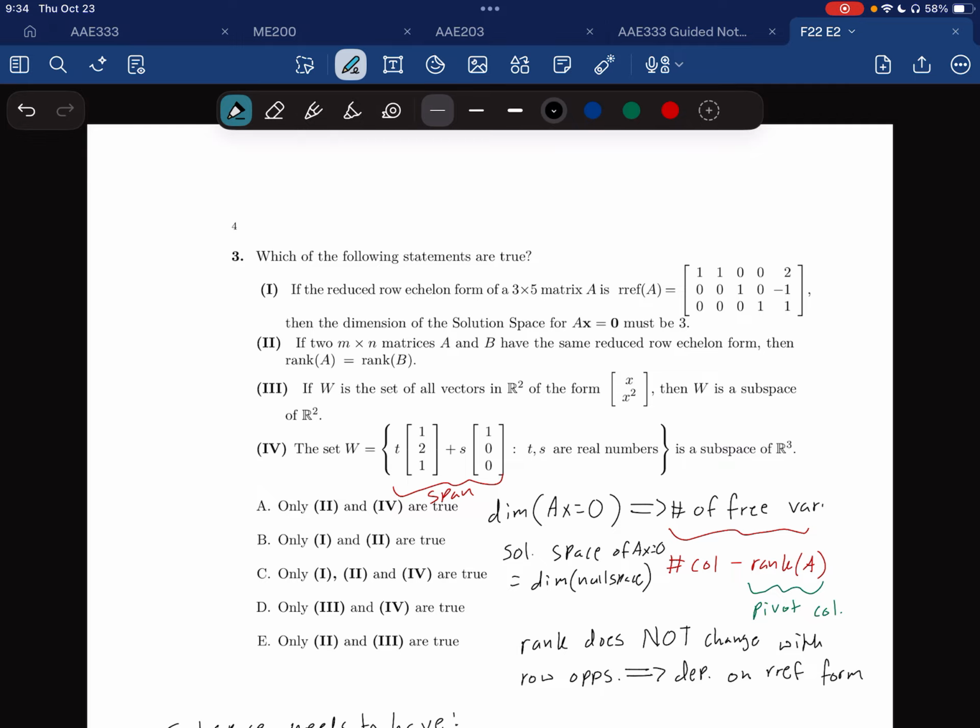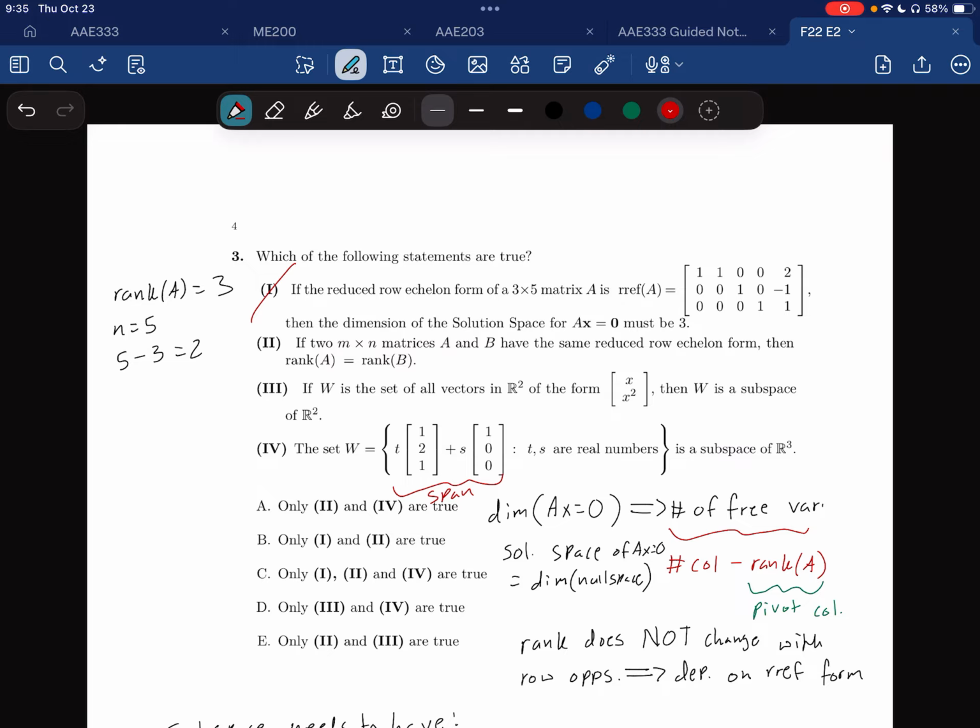That is our rank of A. So our rank of A is equal to 3 because we have 3 pivot columns. The matrix has 5 columns, n is equal to 5. The dimension of the solution space of AX equals 0 is the number of columns minus the rank of A, which is 2. So the dimension of your null space is 2. But here it says 3, so this is false.